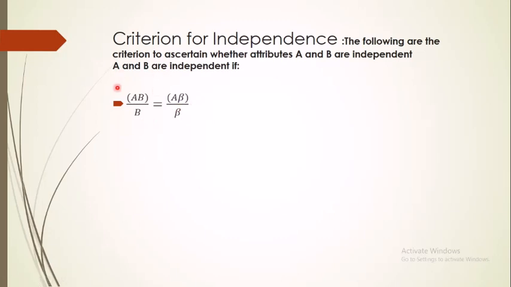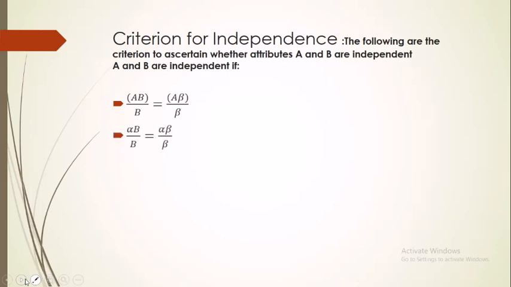So you would think, if this is satisfied, then A and B are independent. Yes, but there are also several other equations which help us to understand whether A and B are independent. So we can look into that.